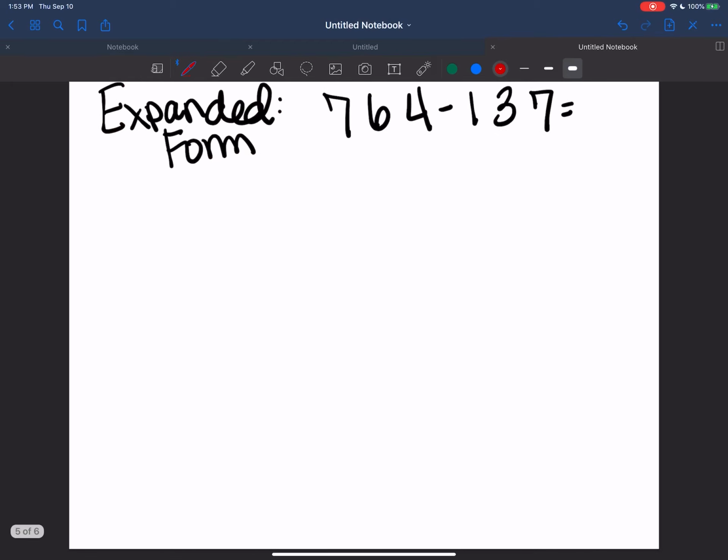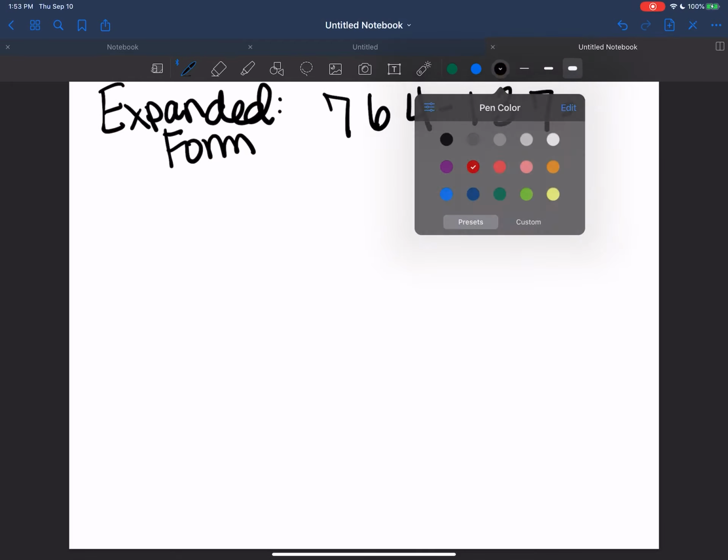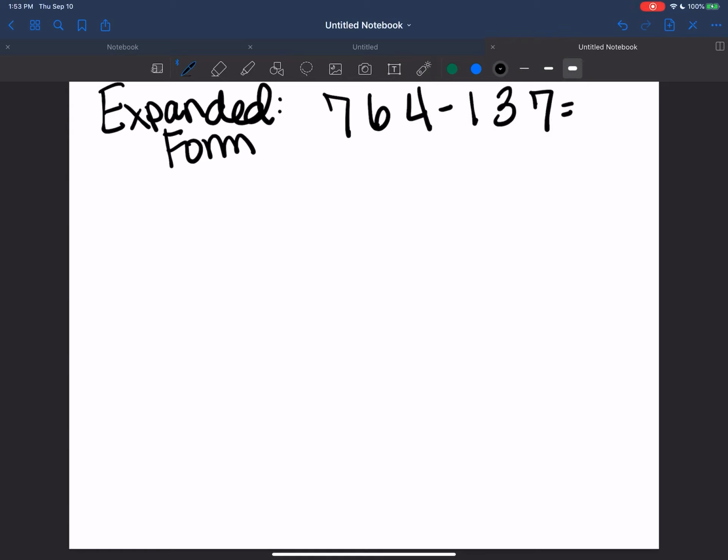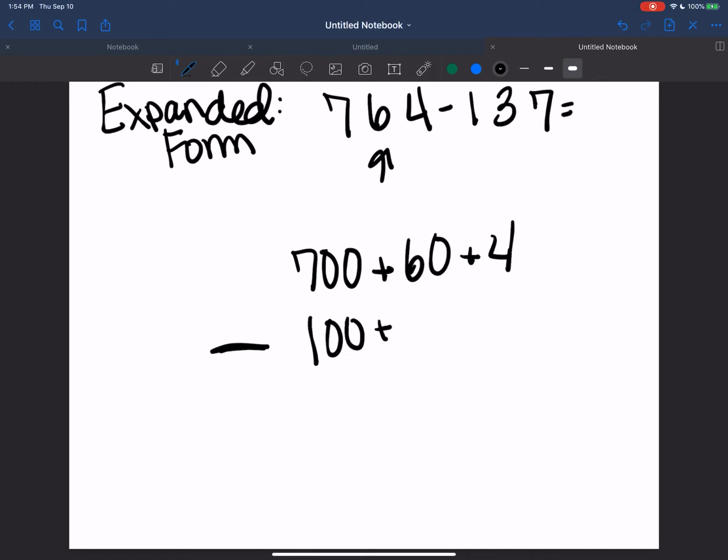Last but not least, we have expanded form. So the very first thing I'm going to do is write out my numbers in expanded form. 764 in expanded form is 700 plus 60 plus 4. And we're subtracting. That is my operation. Subtract 100 plus 30 plus 7. I always start at my ones, so 4 minus 7. Can I do it? No, because 4 is smaller than 7.